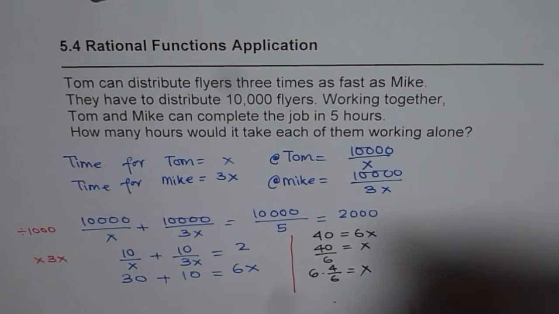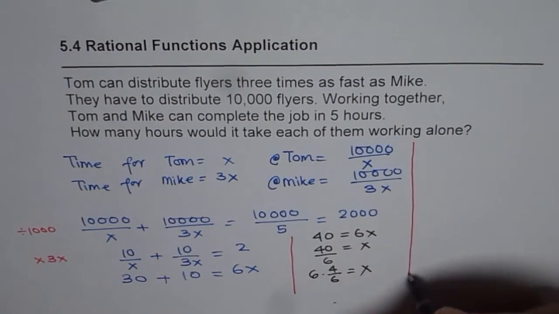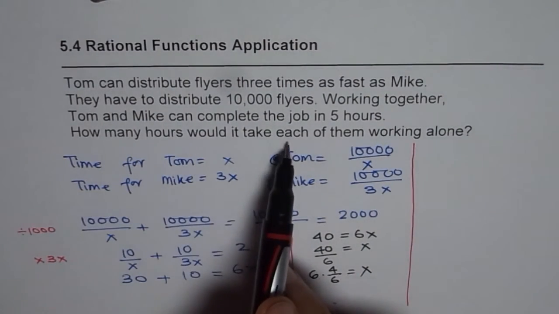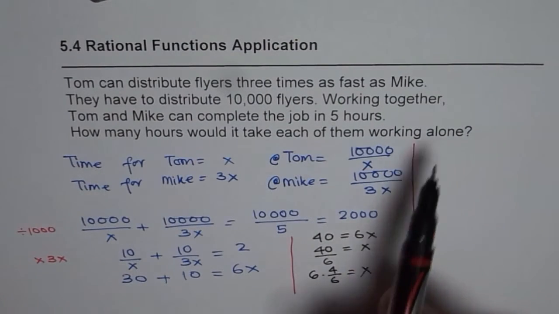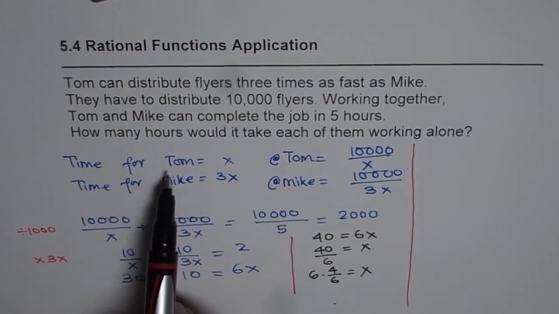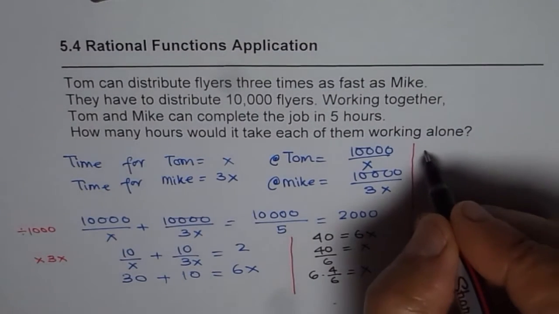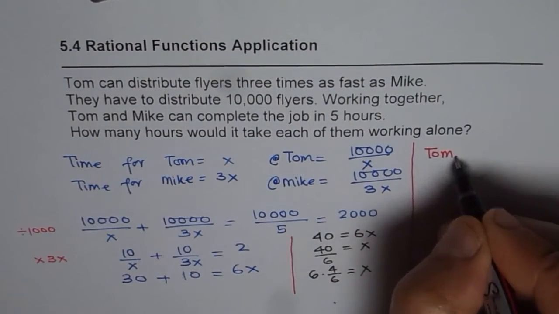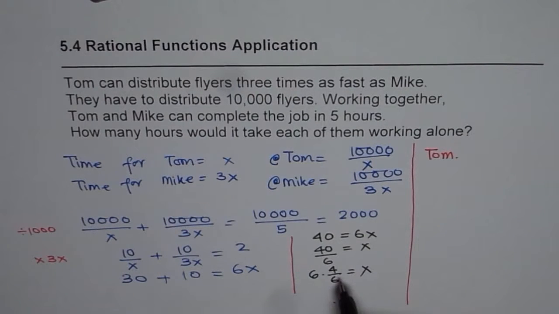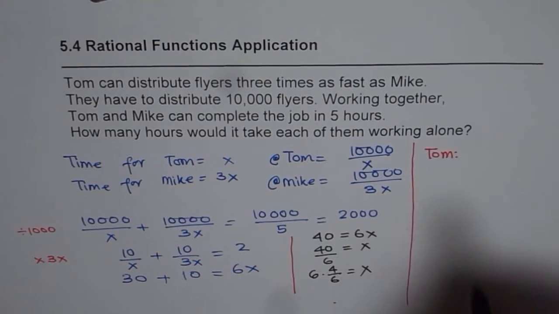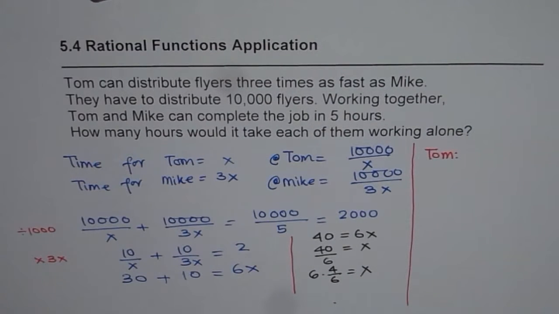Now we need to figure out how many hours it would take each one of them working alone. So the time for Tom working alone is x hours, time for Mike is 3x hours. So for Tom, it is 6 and 4 over 6 hours, right? Now 4 over 6 we can convert to minutes.